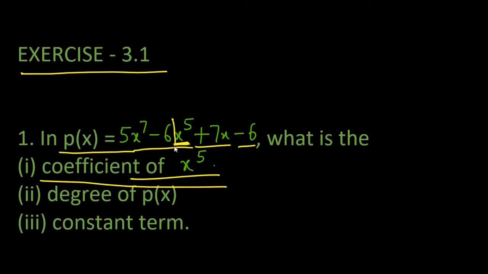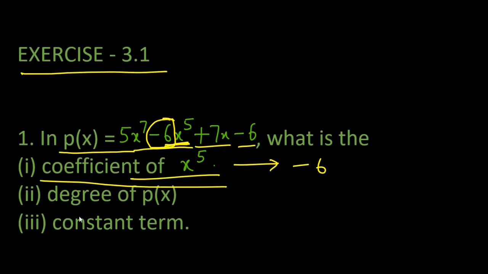The coefficient of the x power 5 term is minus 6. So the factor with the variable in a term is called the coefficient of that variable. So for x power 5 we have minus 6 here.